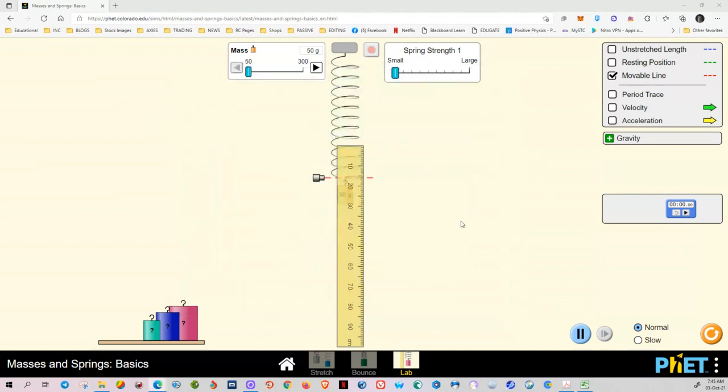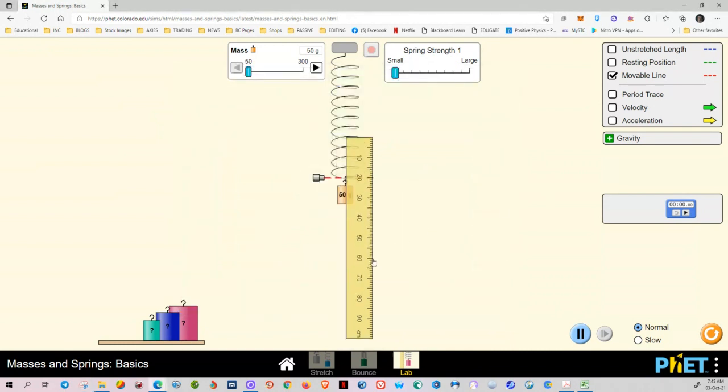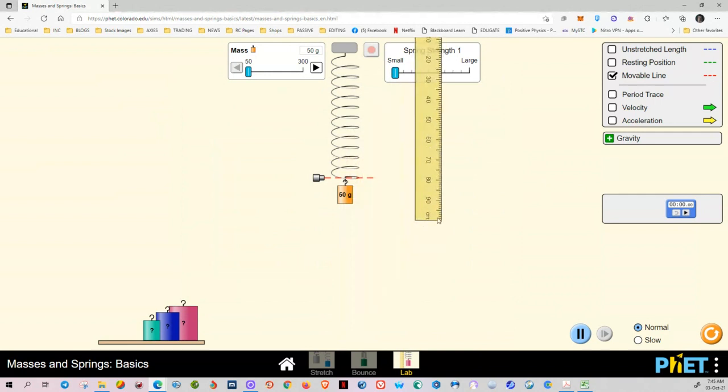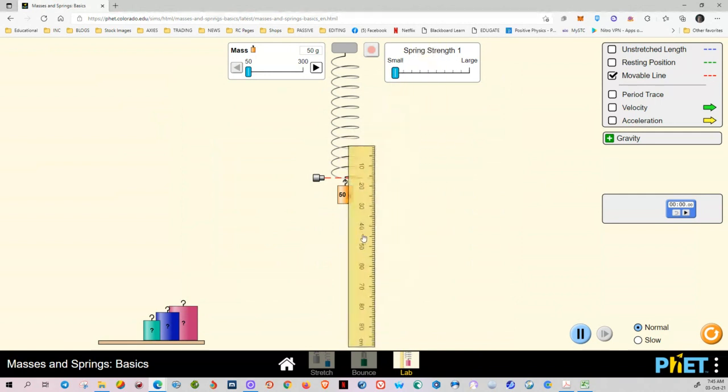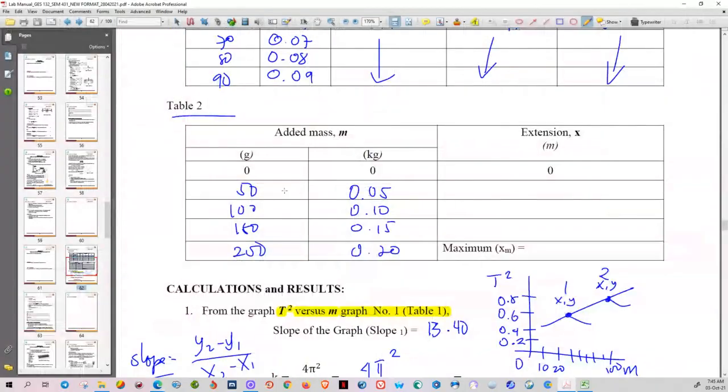Okay, remember that the scale is in centimeters. So let me just bring it back there. So go to your data sheet at 50 grams, 16 centimeters.